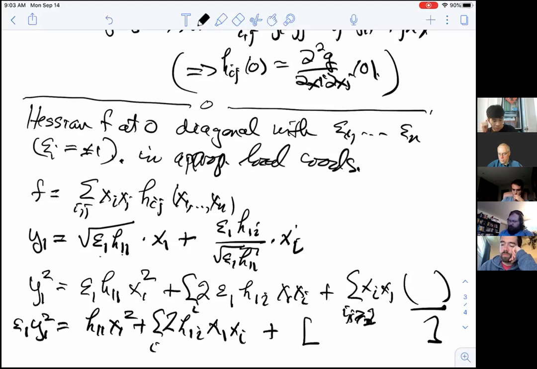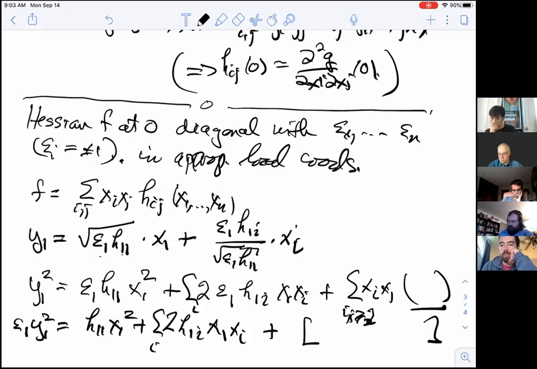Well, this is exactly the terms in the original expression that have an x1 out front. I have twice h1i x1 xi here, and because the hij are symmetric, that accounts for both the h1i terms and the hi1 terms.